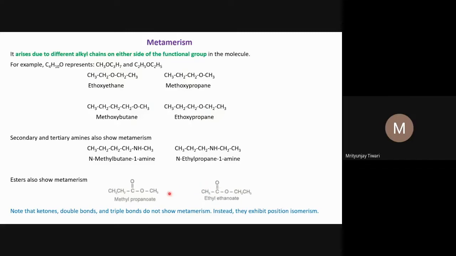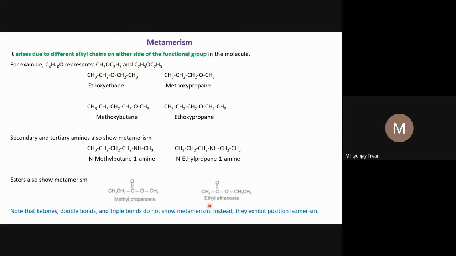However, in the case of ketones, double bonds and triple bonds, the carbon atoms which contain the double bond or the triple bond, or the carbonyl group in the ketones, are part of the longest chain. Since they are part of the longest chain, only their position can vary, so they do not exhibit metamerism, but they show position isomerism.